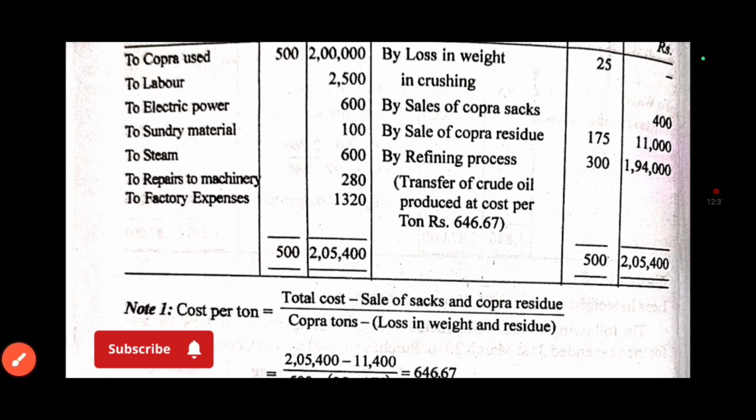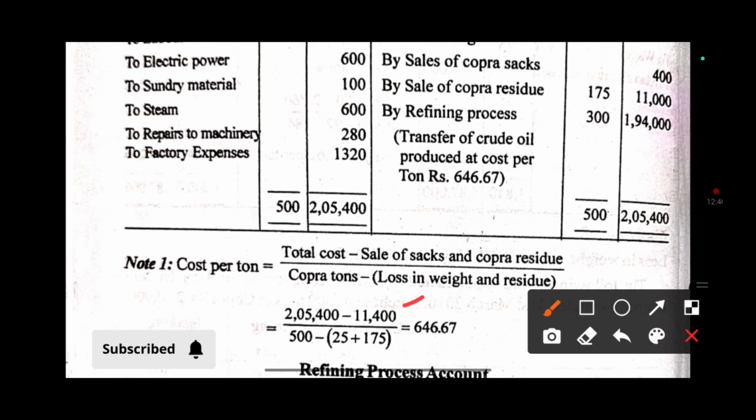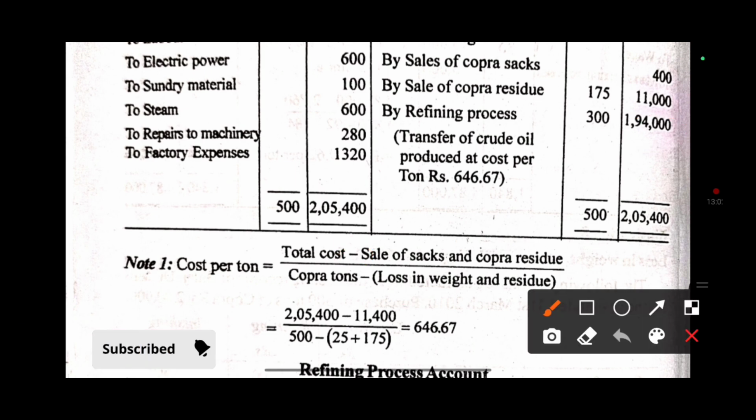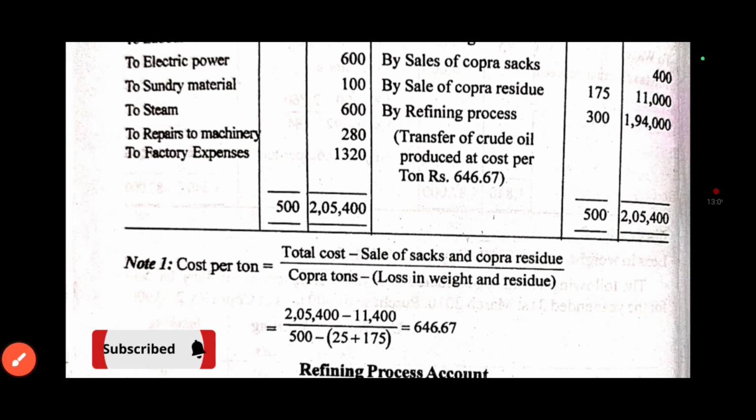After adding, you get 11,400 rupees. Then we subtract: total cost 2,05,400 minus 11,400. The difference between these two values is 1,94,000 rupees. So the output value of the copra crushing process account is 1,94,000 rupees. This is called the output value.